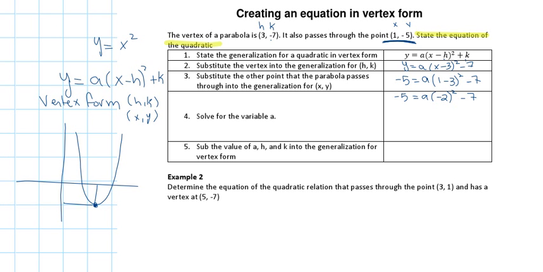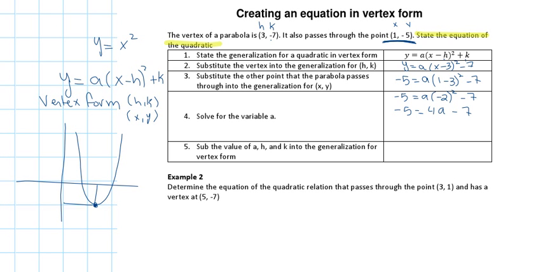So that's going to be negative 5 equals a times 4. Now, instead of writing a times 4, can I write 4a? Yeah, because if I write it the other way, it's going to be a little confusing. So it's easier if I write it as 4a minus 7. So you see now it looks nice and neat.